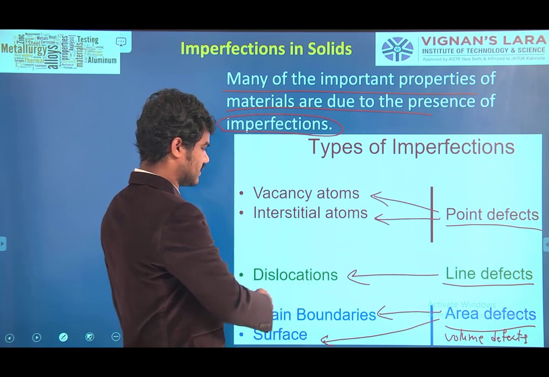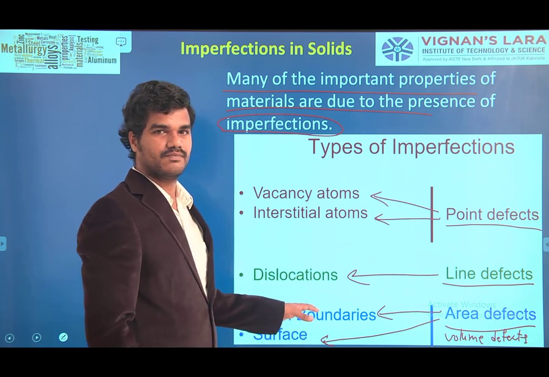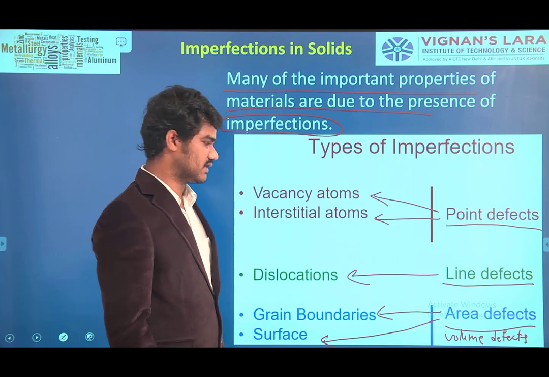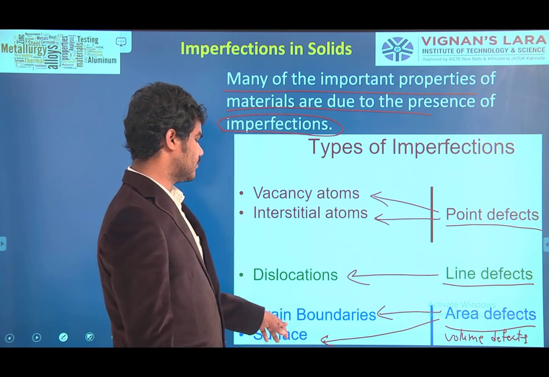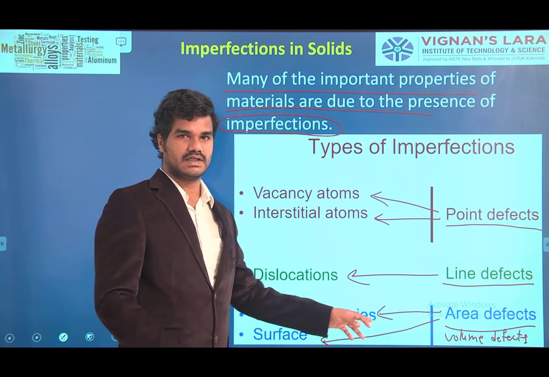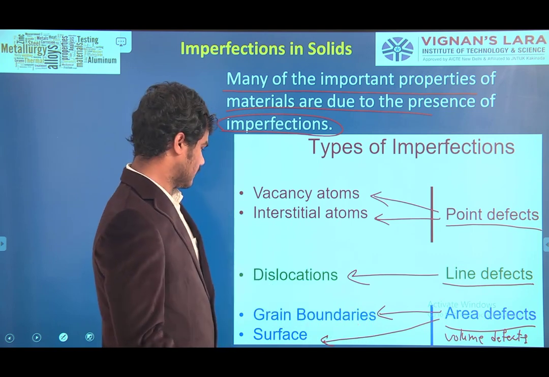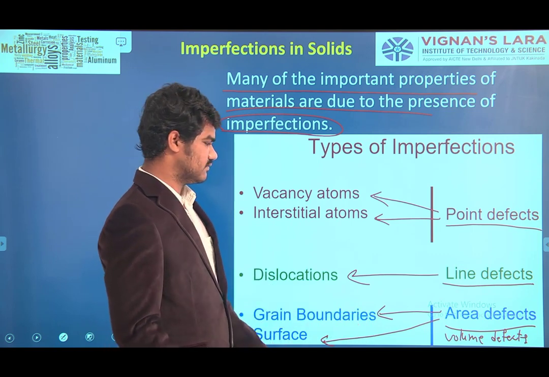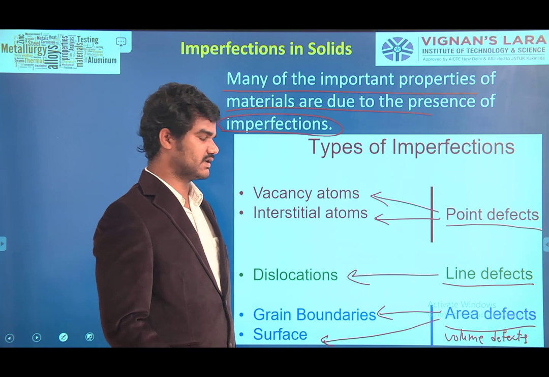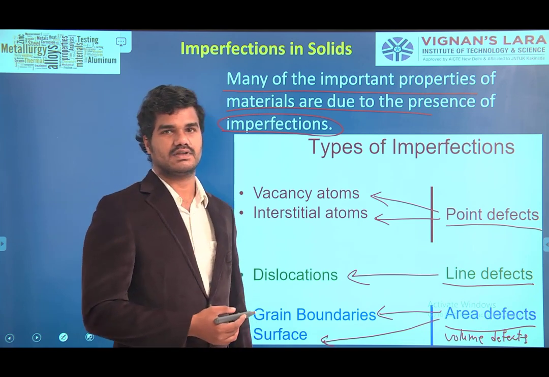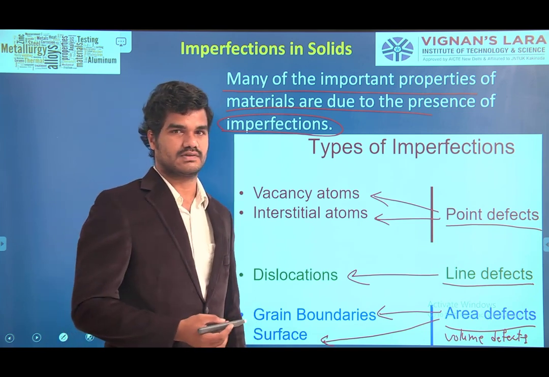Line defects are dislocations, and dislocations are of two types: edge dislocation and screw dislocation. Area defects are due to grain boundaries. Grain boundaries are again of two types: tilt boundary and twin boundary. Then surface micro cracks and volume defects. So these are all the imperfections in solids that we have discussed so far.